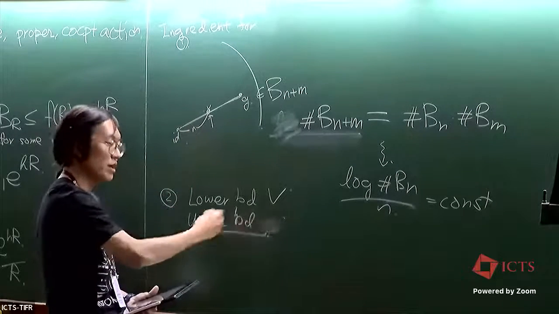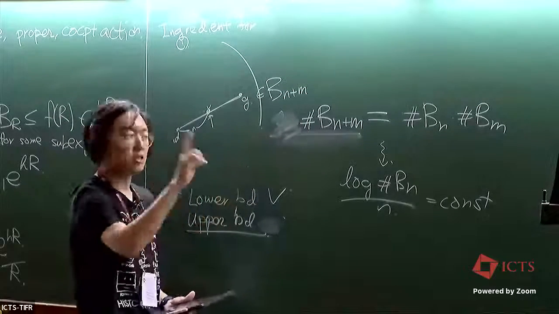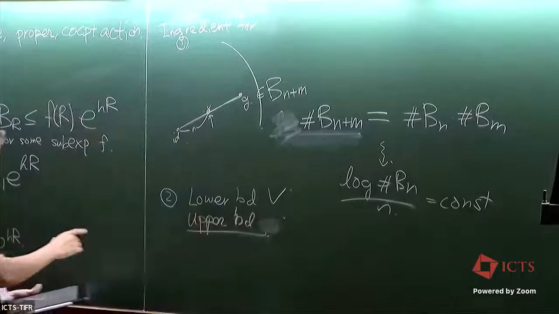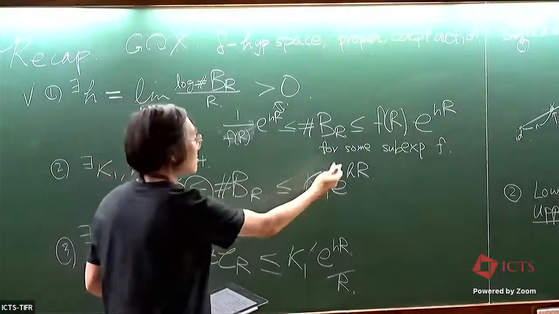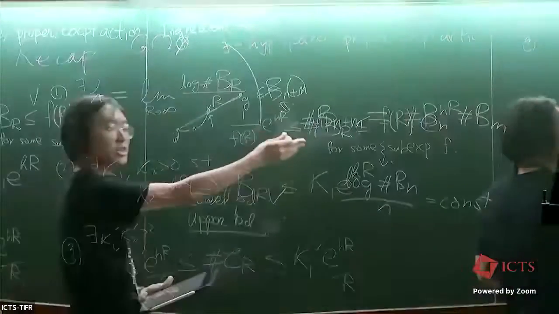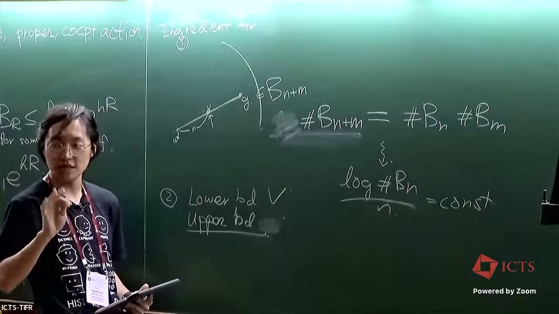Hence, we had to argue further. But just imagine, if this were really an equality, you wouldn't even have to care about the upper bound, because this would just be a constant times an exponential function. So this is the ideal situation, and steps 1 and 2 are immediate. But in general, it's not the case.